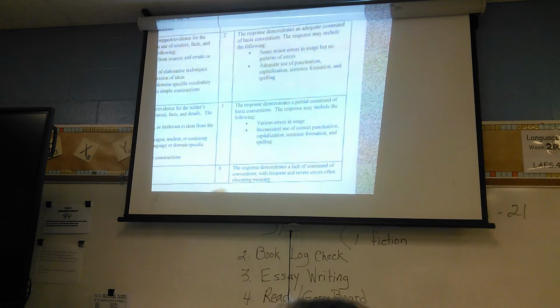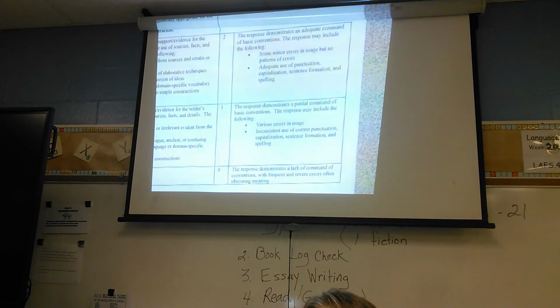Okay? So you can get a 0 in conventions if it shows that you don't have any command of it at all. So if you're writing the word I as a lowercase i, that right there is like an automatic 0. All right? If you're not capitalizing the first word in the sentence, and there are a lot of you in this room who are not doing that, then that shows that you have a lack of command.